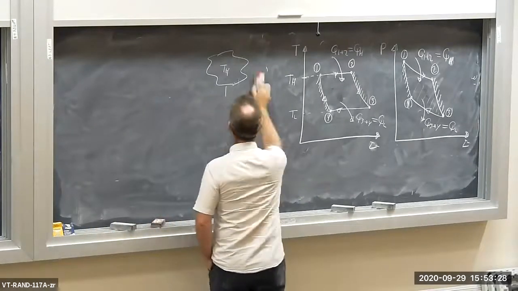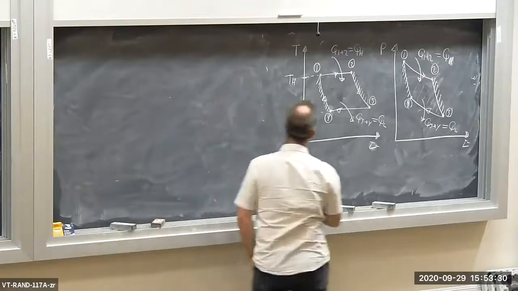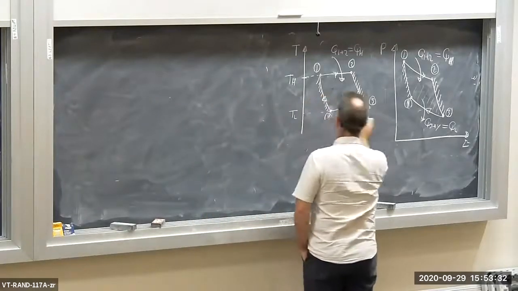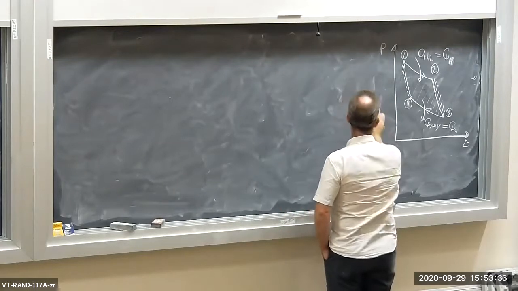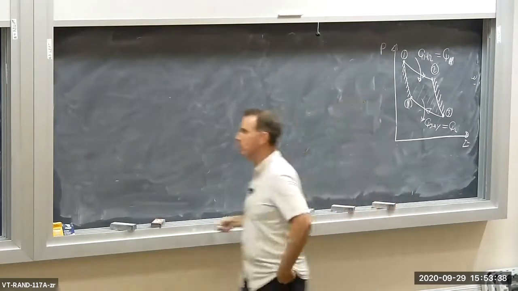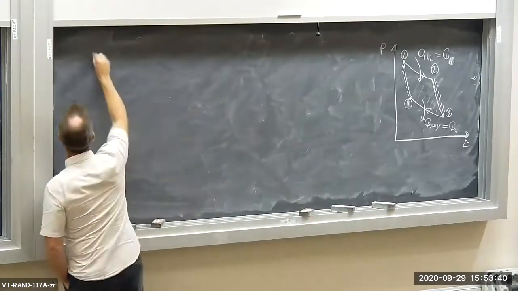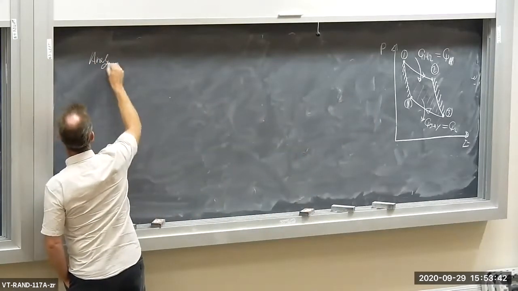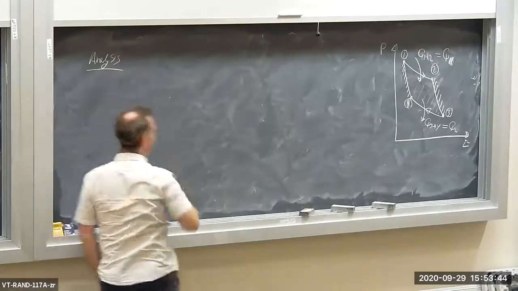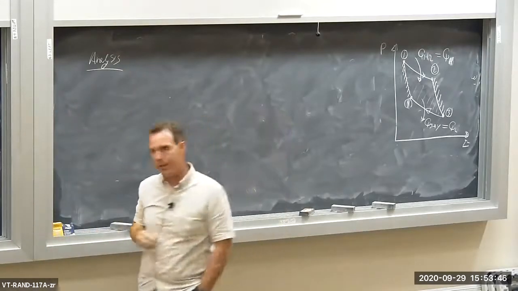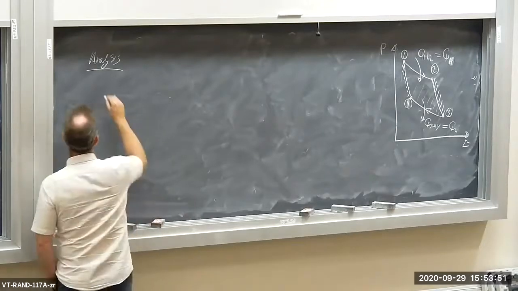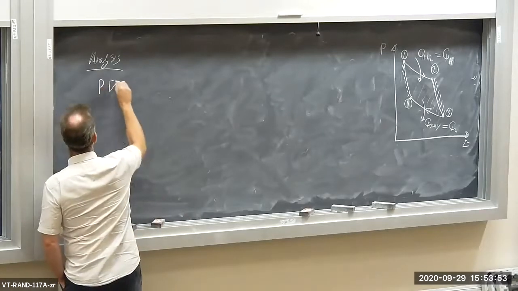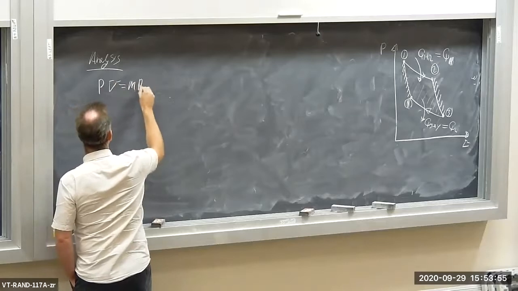If we assume ideal gas, it's pretty easy to calculate the pressure. So, analysis. Let me write down the ideal gas law: PV is equal to MRT.